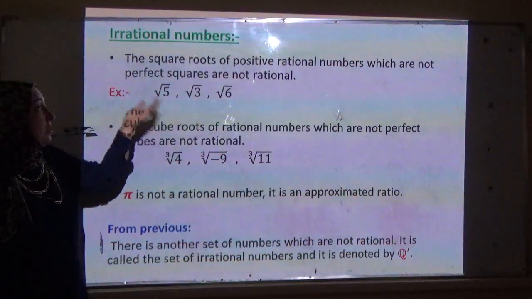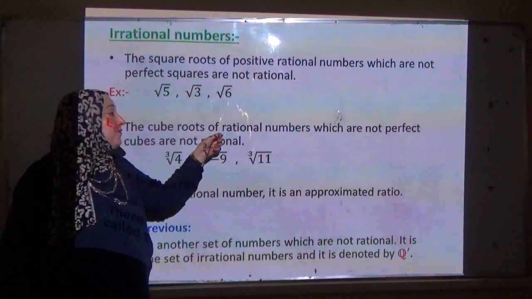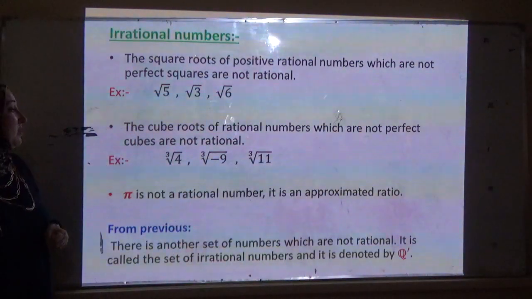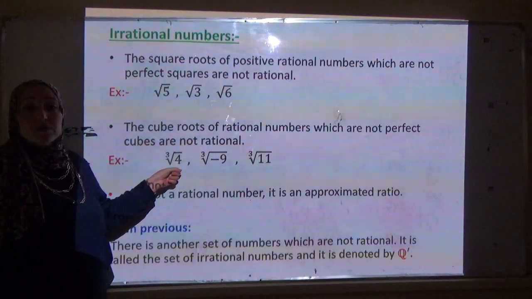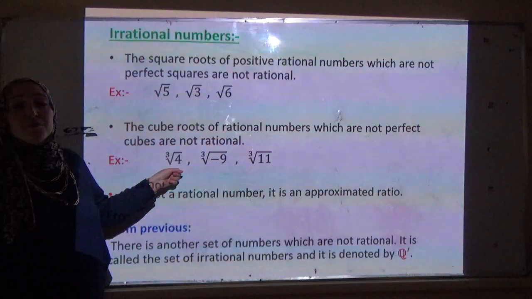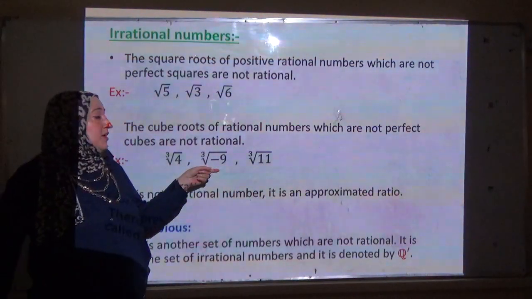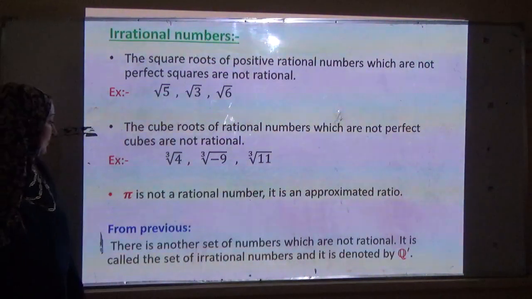The cube root is the other type of irrational number: the cube roots of rational numbers which are not perfect cube numbers. For example, cube root of 4. We don't have any number with power 3 to give me 4. Cube root of -9 and cube root of 11.